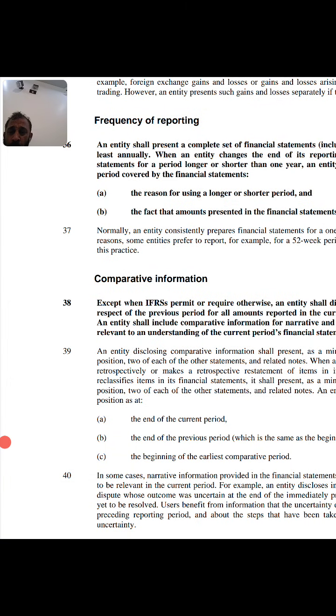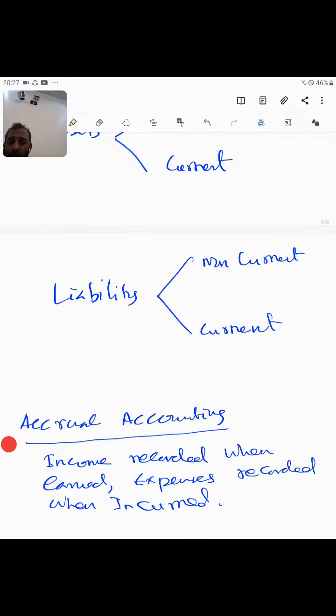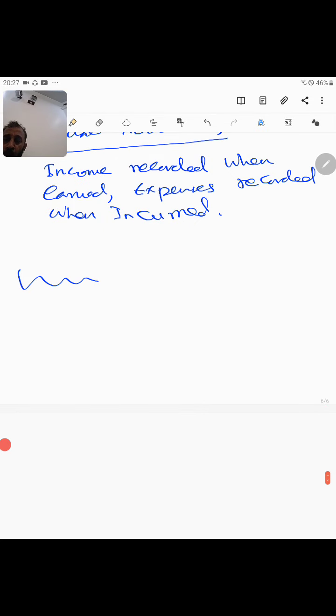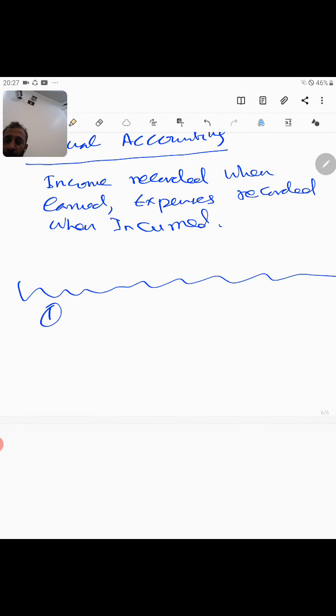Then we also need to discuss certain other matters about IAS 1. One important factor is the level of precision, meaning at what level you are showing your currency. Maybe at a number, for example 1,243,750.